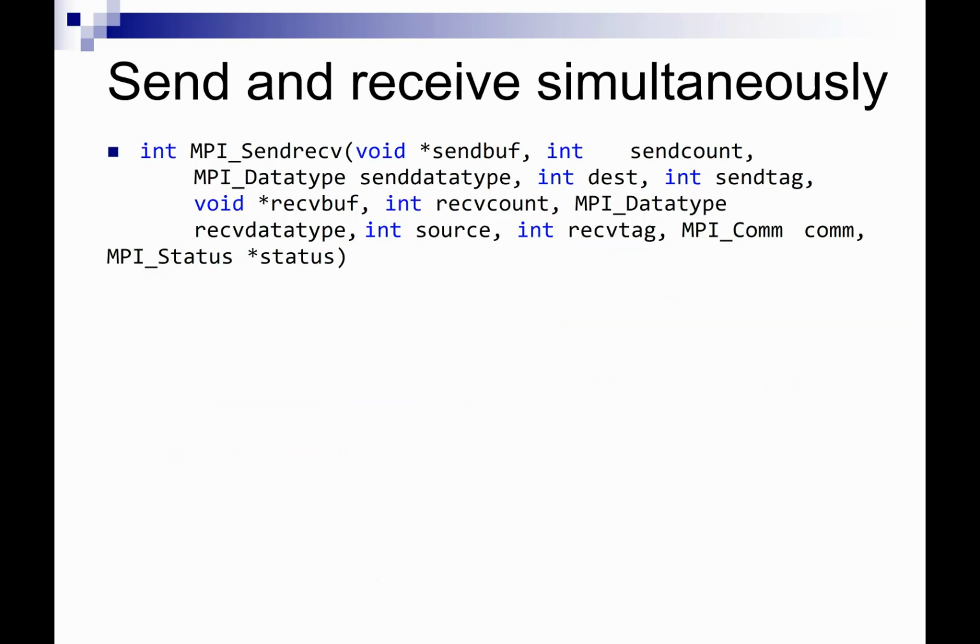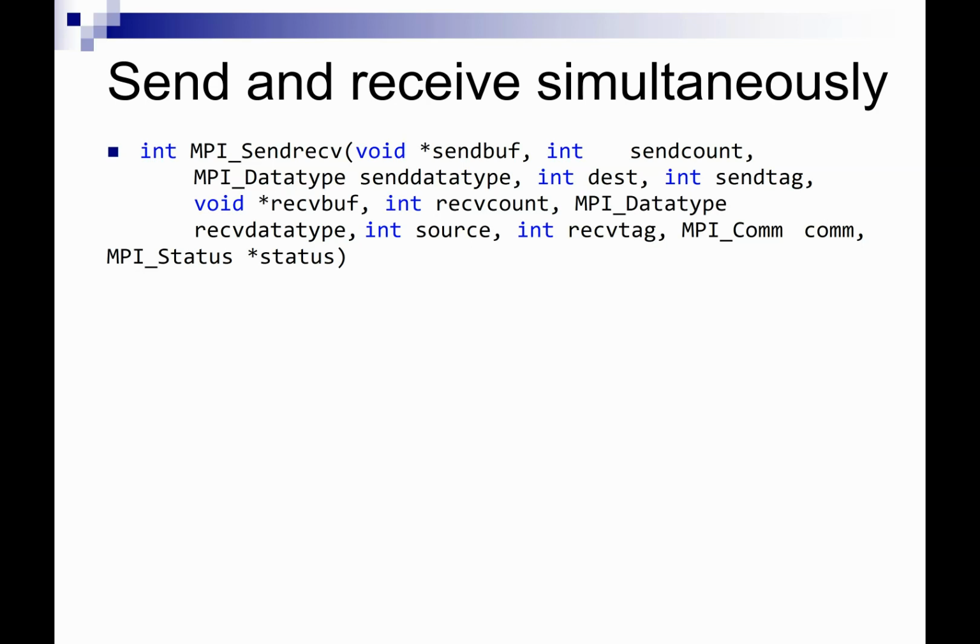Okay, so instead, it would be nice to have an automatic way to make sure that we don't deadlock when we do these sends. The way we can do this is to call a function which can both send and receive at the same time. It's basically one function that combines MPI send and MPI receive.